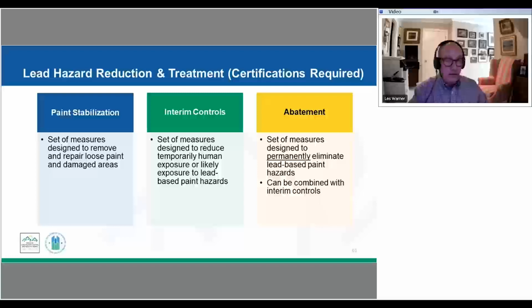We're going to be talking about, under Subpart L, interim controls and abatement. Under interim controls, this is a set of measures that will be used to temporarily reduce the exposure, the hazard from the presence of lead-based paint hazards.